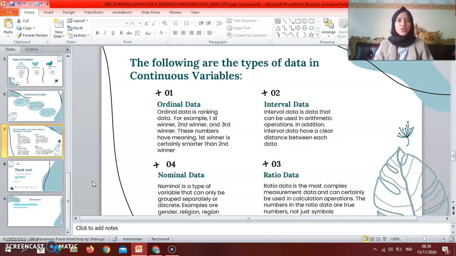A has a weight of about 45 kilograms. Meanwhile, B has a weight of about 19 kilograms. So when it is viewed using a ratio scale, A is half of the body weight of B.